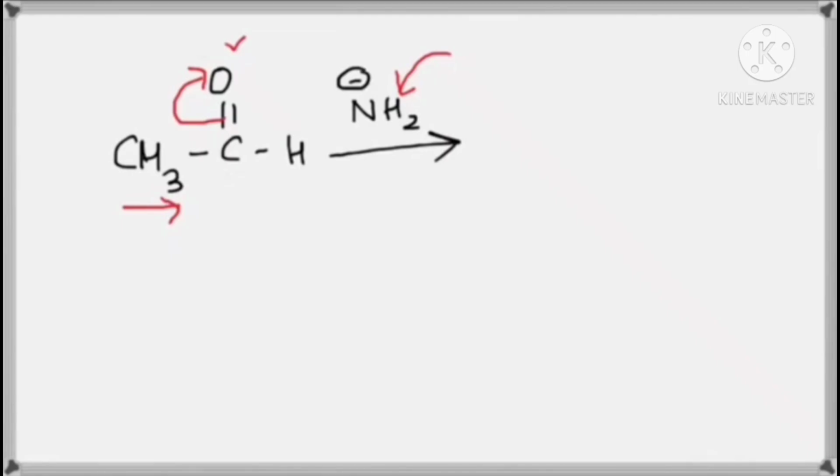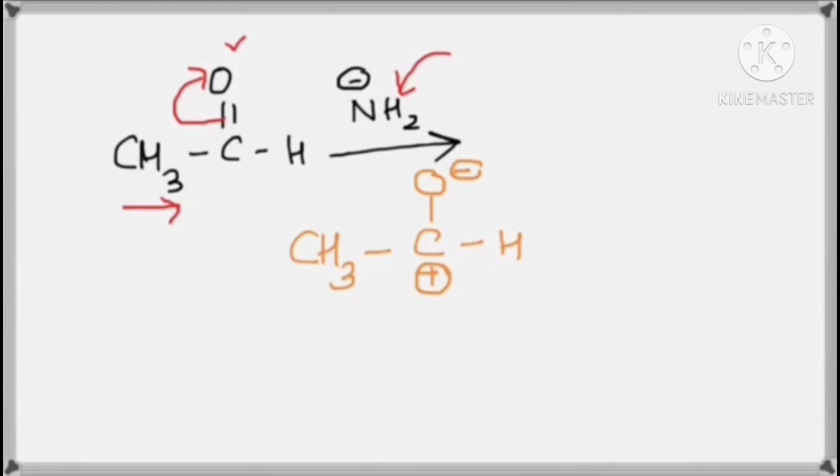And what we get is CH3 CH. This carbon just lost its electrons and so it will get a positive charge, and the oxygen gained some electrons, so it will get a negative charge. Now, NH2 minus is a negatively charged species. So what do you think it will do?